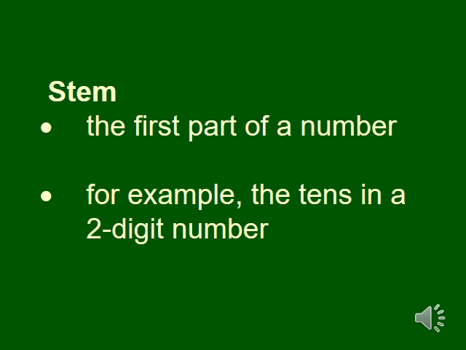First off, there are two main parts to a number, what we call the stem and what we call the leaf. The stem is just the first part of the number. Most of the examples you're going to do will be two-digit numbers, and when that happens, the tens place is the stem. Now, if you have a number less than 10, the stem would be 0.